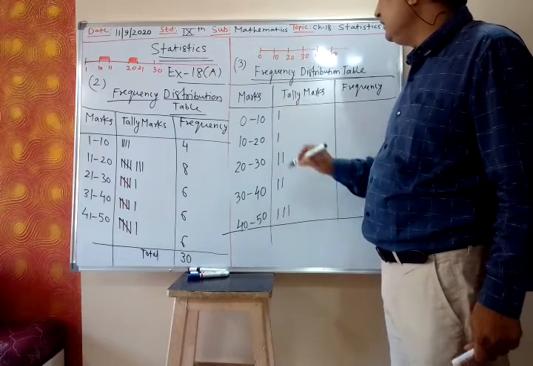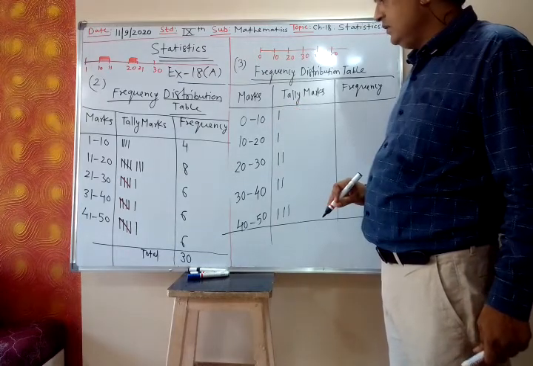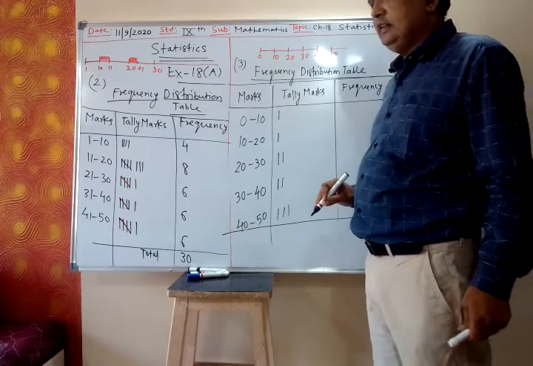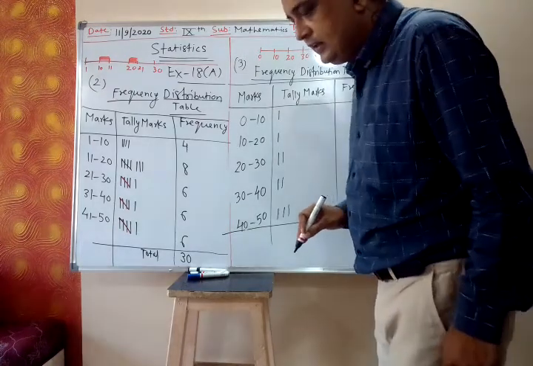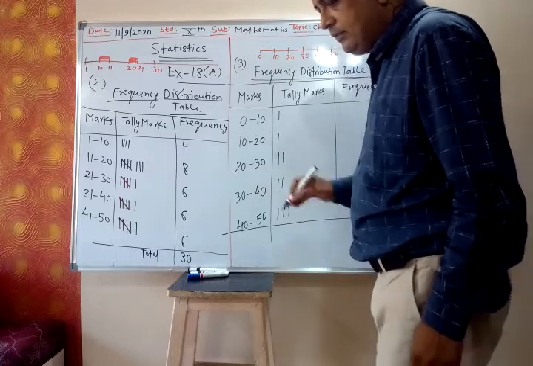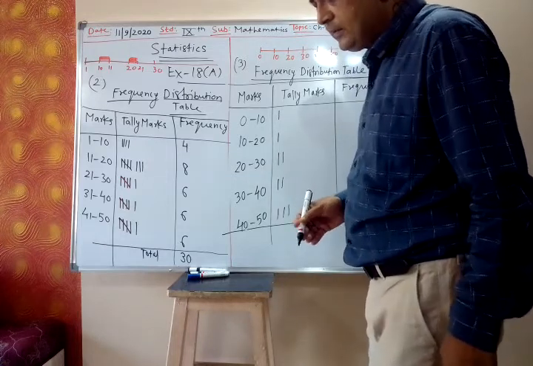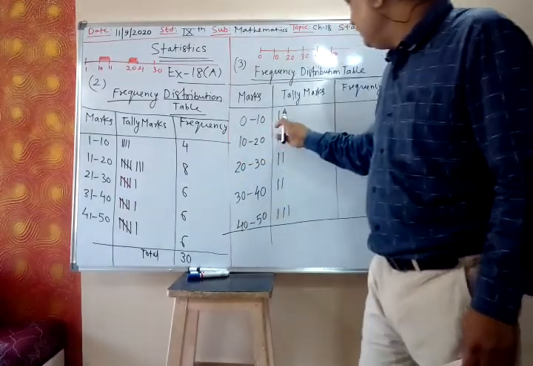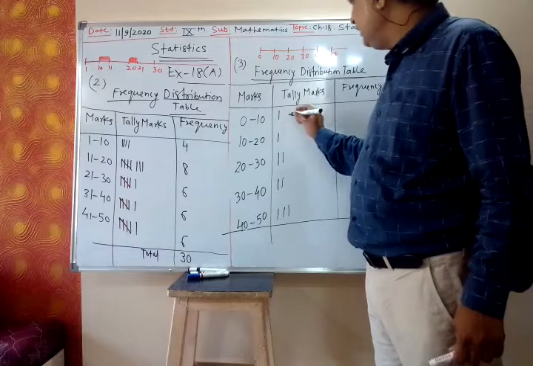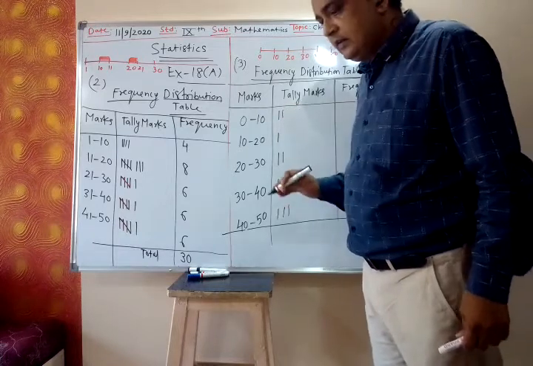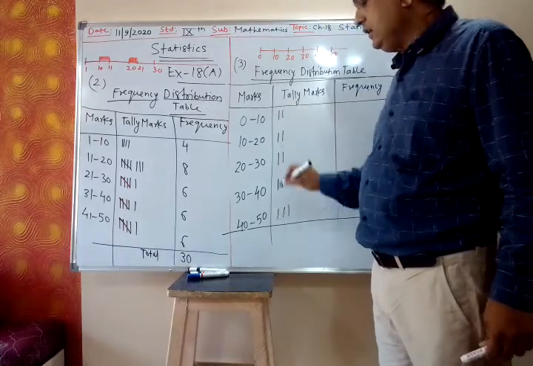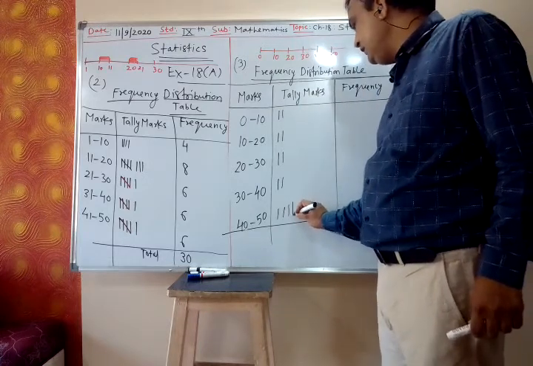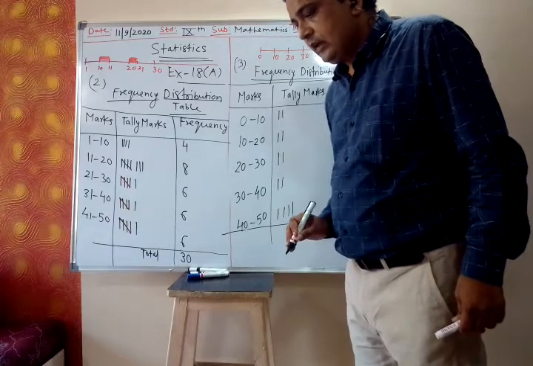If 50 is also there, then we have to make one interval more, that is 50 to 60. Let us see. We have written 0, then 3, same, then 12, 10 to 20, then 48, again 48 in this, then 50.